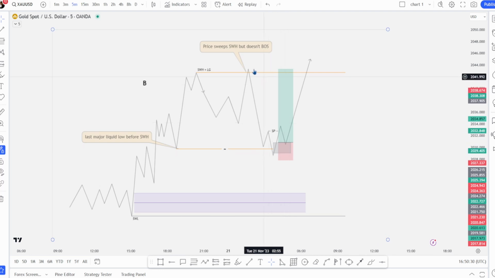Now, once we have established a sweep of the swing high in a bullish scenario, we need to then track back to the last point of high liquidity within the range. Now, there are two different points that we need to make here. Number one being that generally it will not be the low that has caused the sweep. Not always, but generally it won't be.